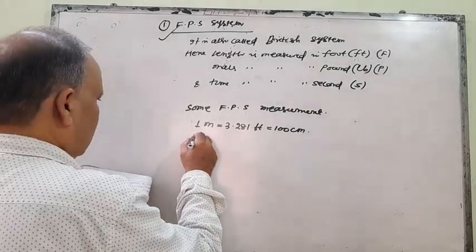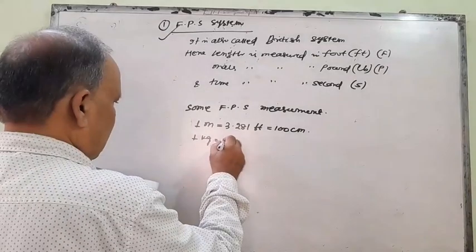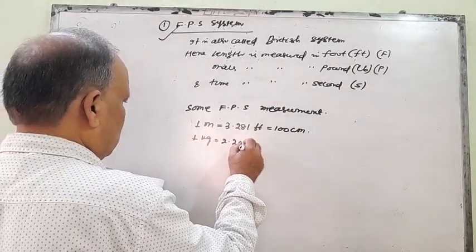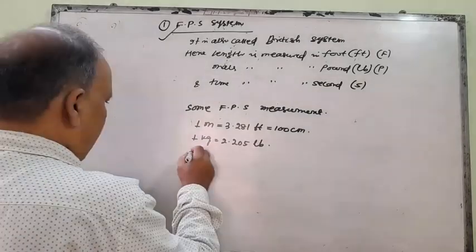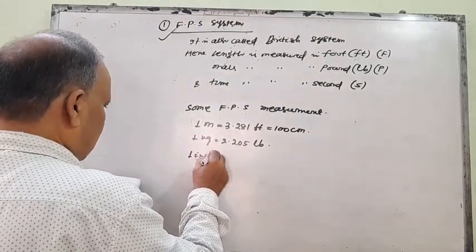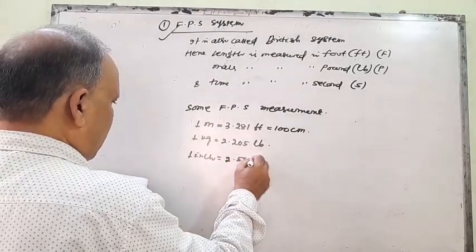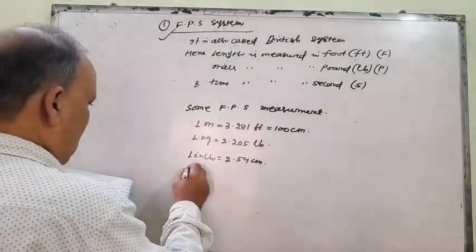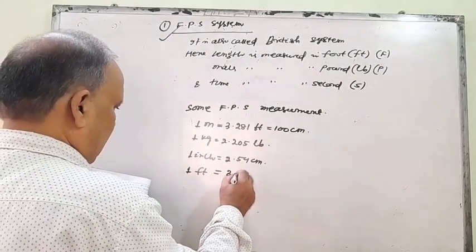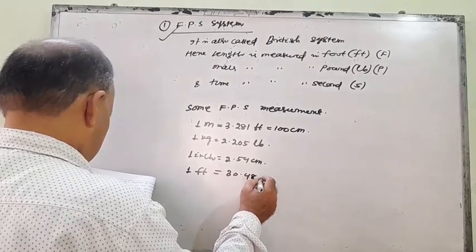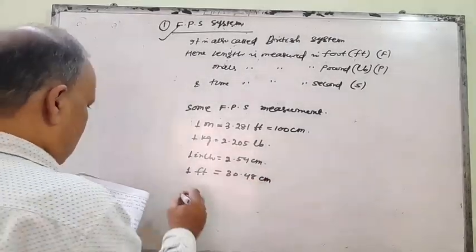Next, 1 kg is equal to 2.205 pound. 1 inch, inch is also FPS, is 2.54 centimeter. 1 foot is 30.48 centimeter, or you can say 30.5 centimeter.